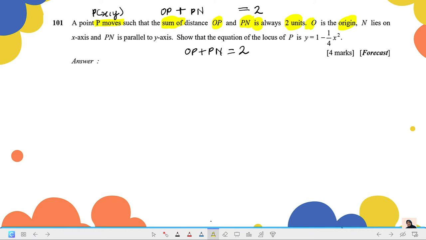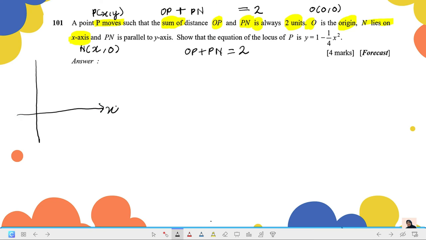So the origin's coordinate is (0, 0). And N lies on the x-axis, meaning y is 0. We don't know the value of x. Let's sketch the diagram.